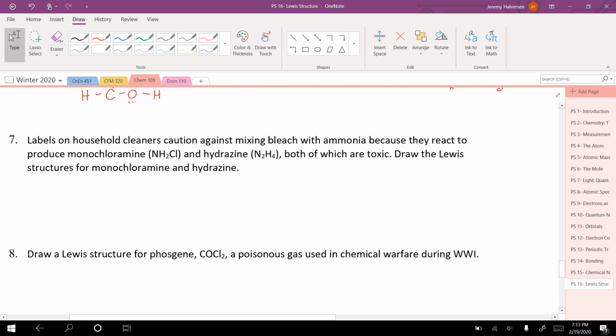Labels on household cleaners caution against mixing bleach with ammonia because they react to produce monochloramine and hydrazine, both of which are toxic. Draw the Lewis structures for monochloramine and hydrazine. All right, so here I have 5 plus 2 plus 7 gives me 14.